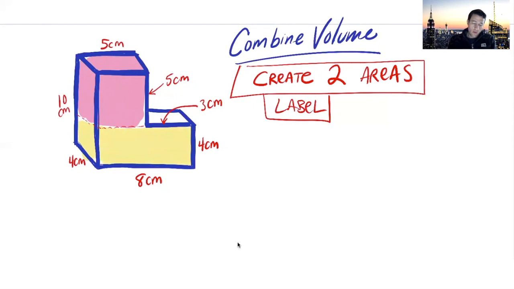Now we know the formula for volume, length times width times height, which we can now use because we have rectangular prisms.